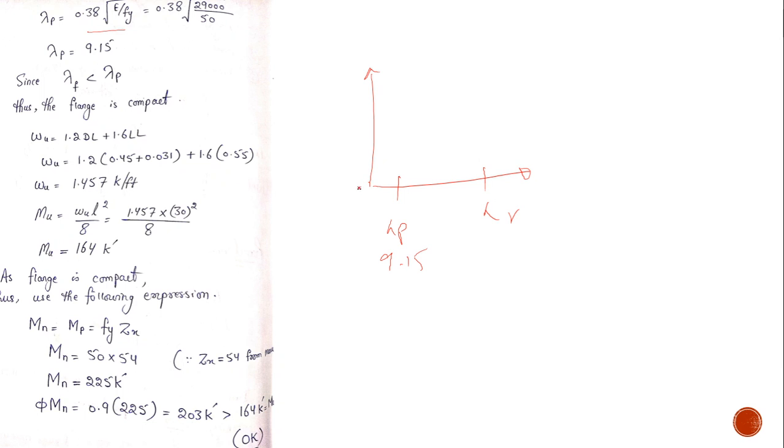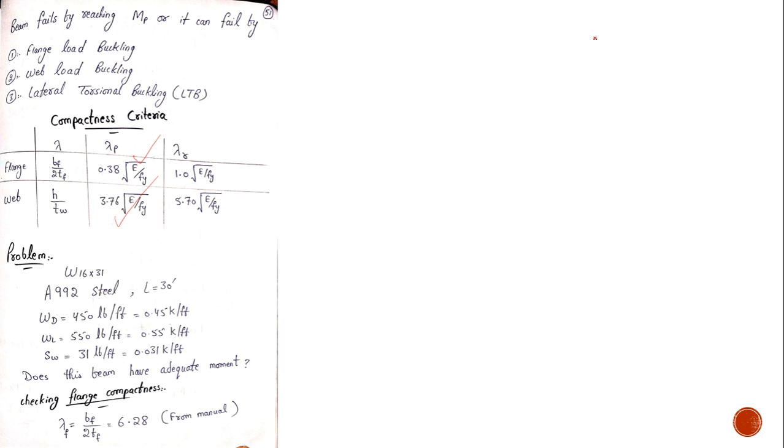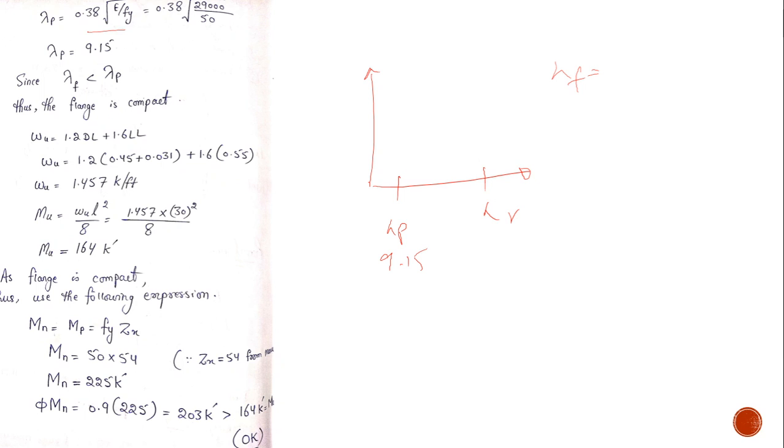Because lambda f, the slenderness ratio of the flange, is 6.28. So it is well decided where I am: lambda p is 9.15, and lambda f is 6.28, which is lesser than 9.15. It means I am in this zone, which is the compact zone. The flange is compact, so one requirement has been fulfilled.